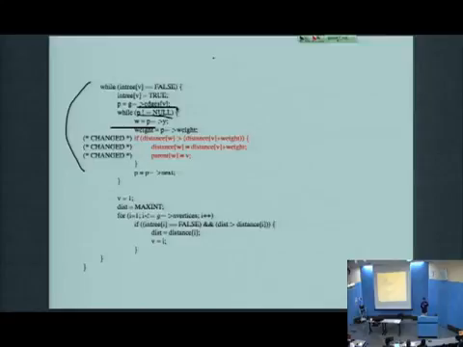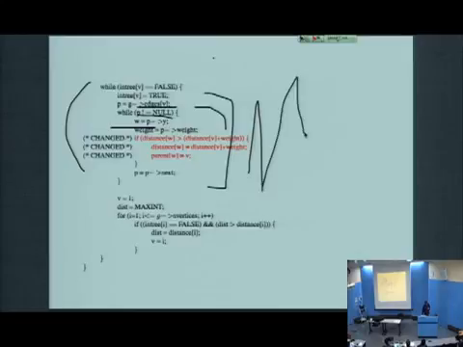How many roads can you go to at any junction or city? It is presumably a constant. Certainly this is going to go around according to the degree of the vertex. And in fact, the total amount of work that this part of the code is going to do over the entire execution is the sum of the degrees, which is basically order m. It's twice m, because every edge you look at going once and going the other way. So the total amount of work here is going to be order m.